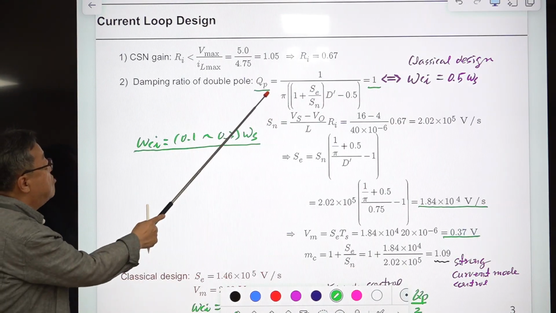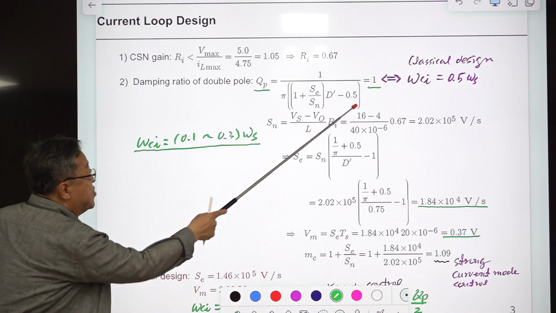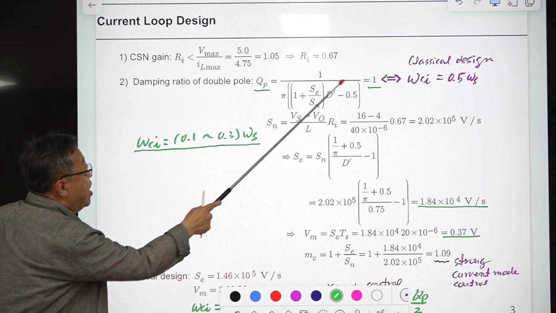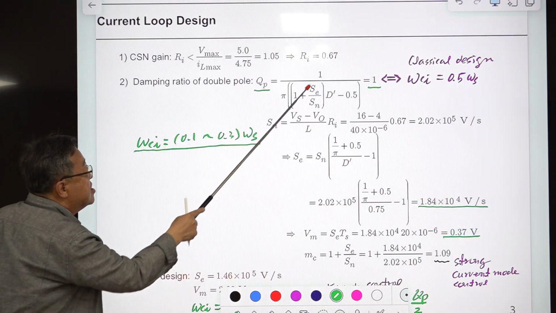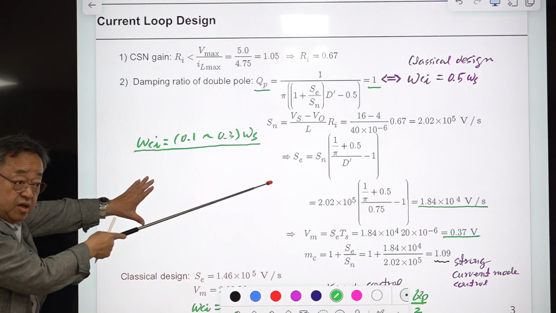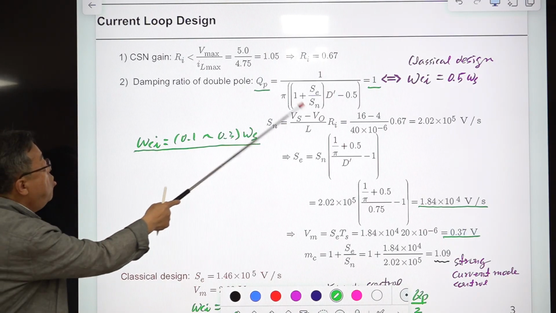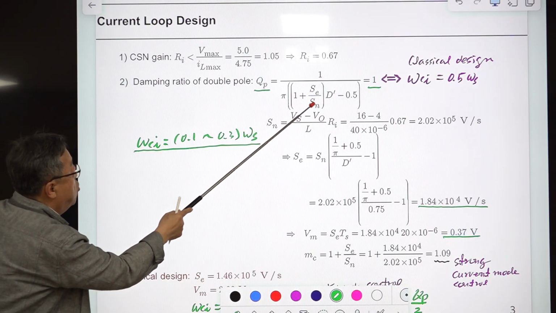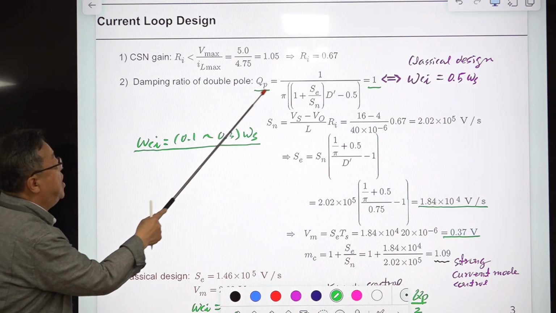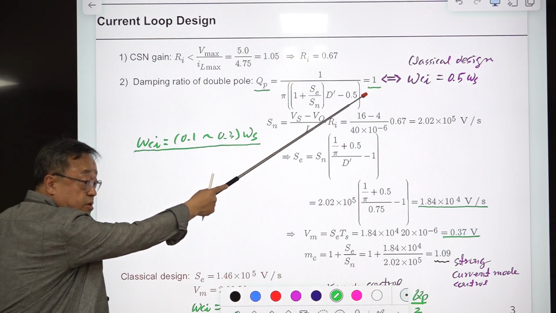So we select QP as 1, and this is the expression of QP. If you select QP as a constant, then this Se is determined from this equation, right? Because all the parameters are known, this one is known, this one is known, okay? So you select QP as 1.